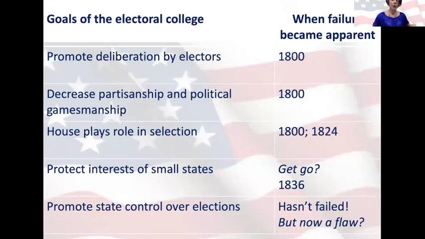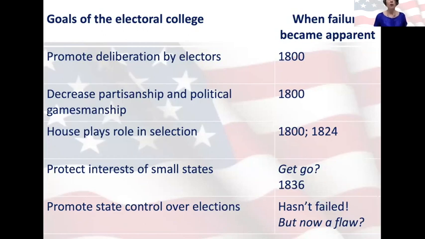Now, Mary expertly laid out the purposes and reasons behind the founders' decision to institute an electoral college. However, it became clear almost from the beginning that the Electoral College was meeting almost none of its goals, and that indeed, in some respects, it was undermining those goals.